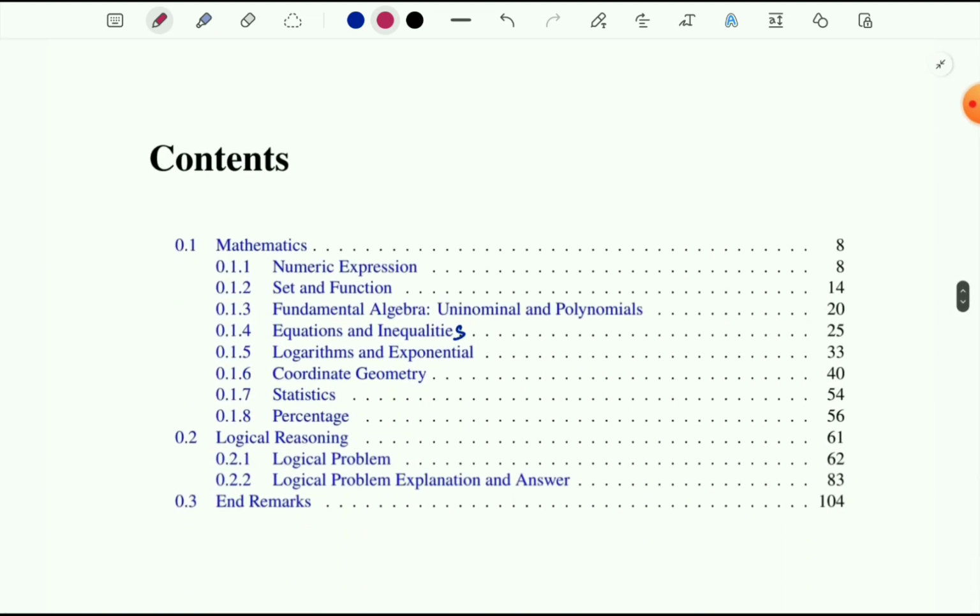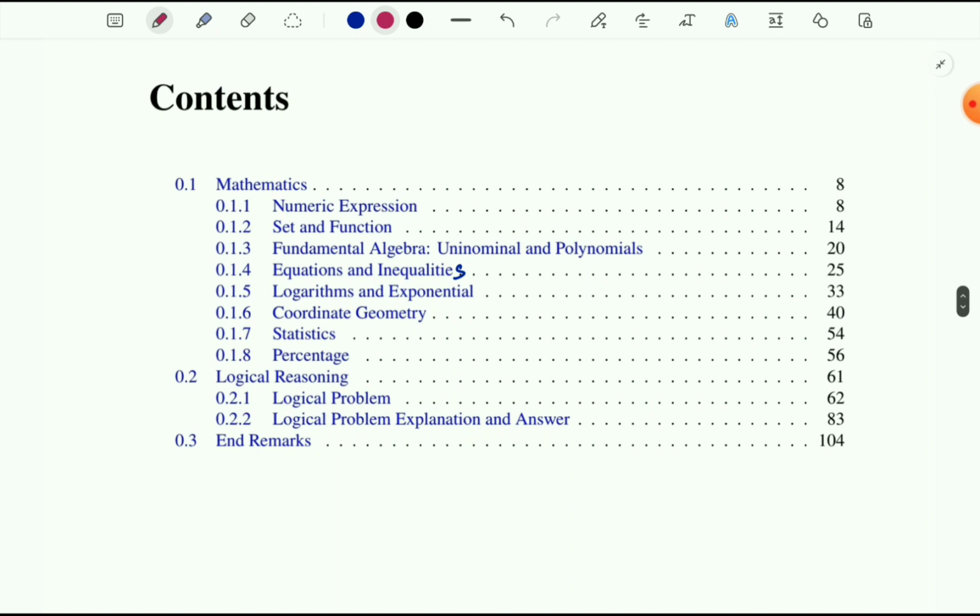So here are the contents. Initially I included 8 chapters from numeric expression to percentage, but I have planned to add 2 more chapters, which are trigonometry and Euclidean geometry. I will add these 2 chapters because trigonometry is important.